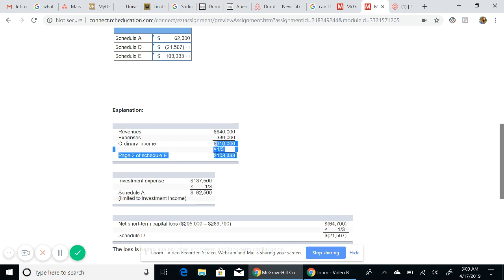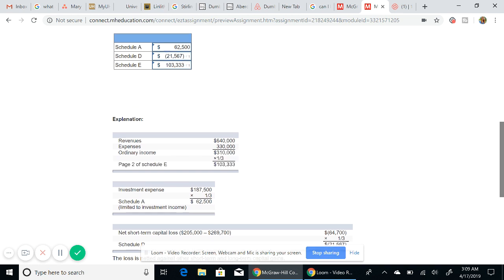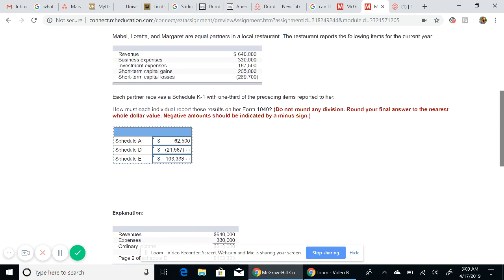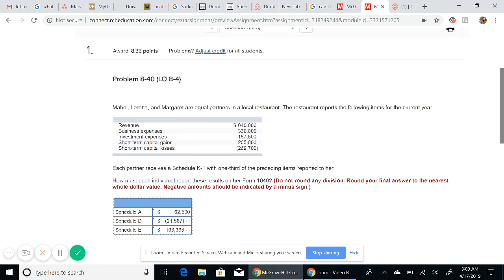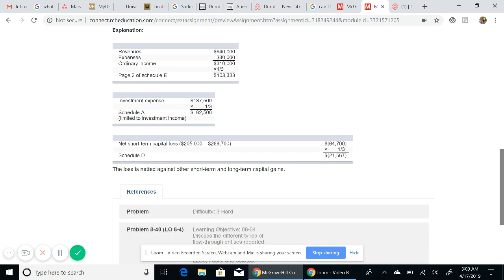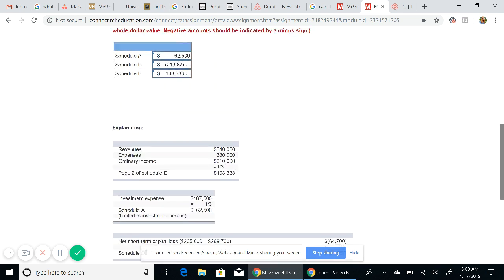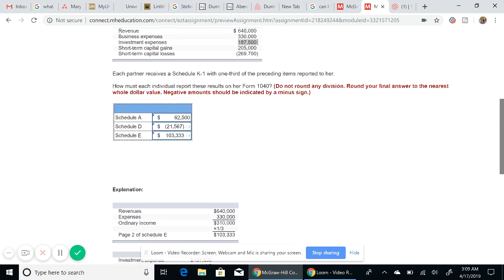And then you're actually going to allocate it for the owner, so 1/3, 33.333%, 103,333 on Schedule E. Then we have Schedule A. So again, that's going to be those investment expenses, and we're just going to take 1/3 on Schedule A.